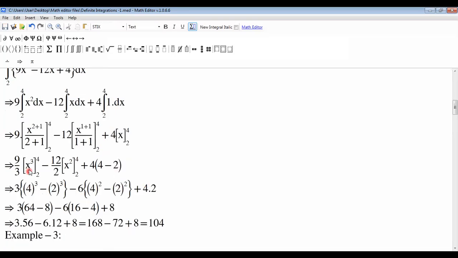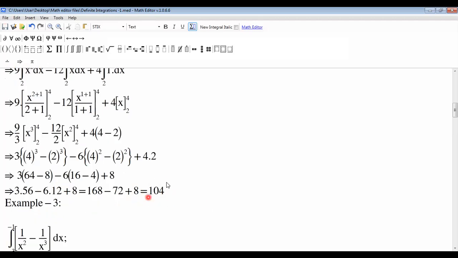So putting the upper limit in place of x, we get 4 cube, then minus after the upper limit, then putting the lower limit x equals 2, that means 2 cube. 12 by 2 means 6, times 4 square minus 2 square. Then 4 minus 2 means 2, so 4 times 2 is 8 here. So 4 cube means 64, 2 cube means 8, and 6, 12 by 2 means 6, and 4 square means 16, 2 square means 4. After simplification, we get the result 104.